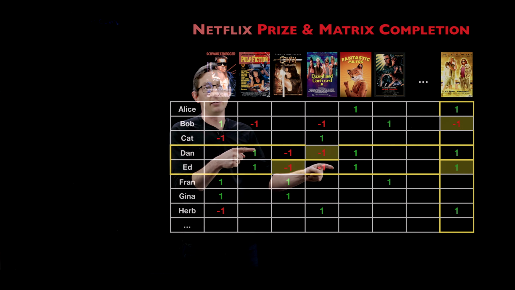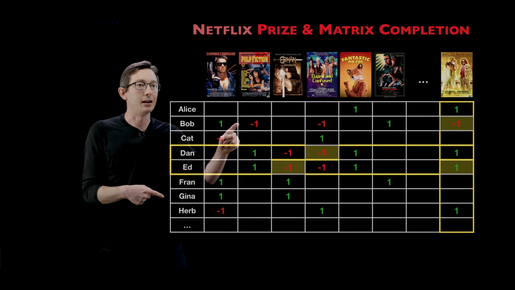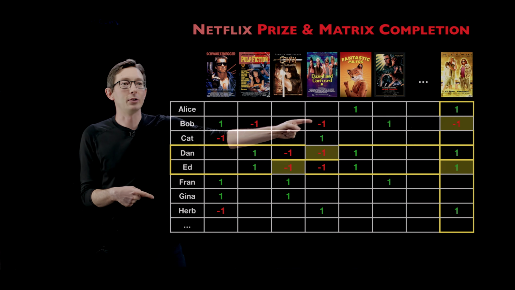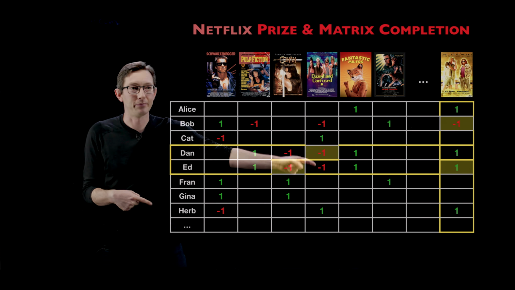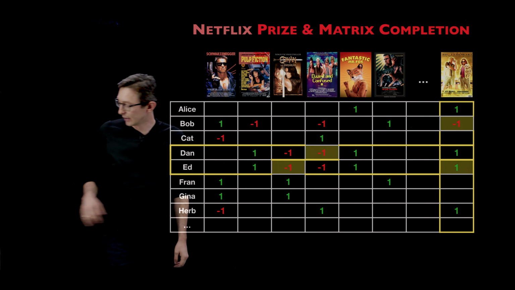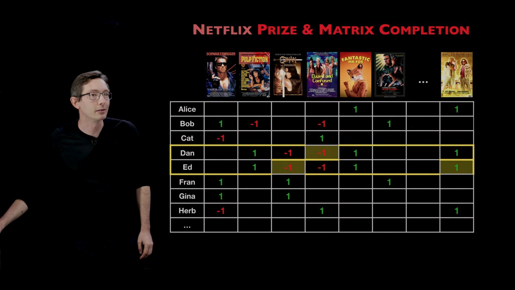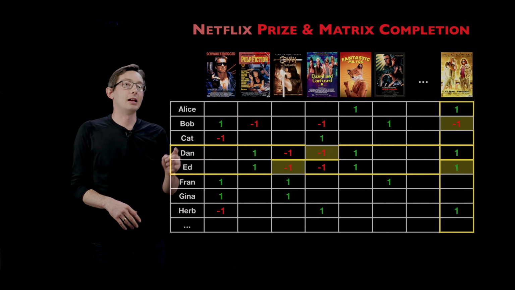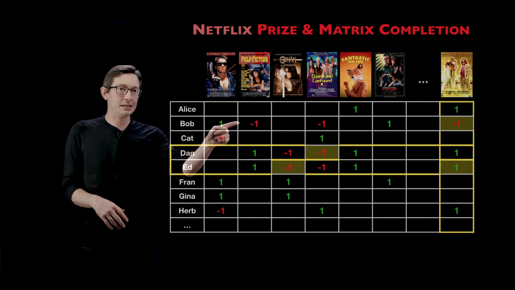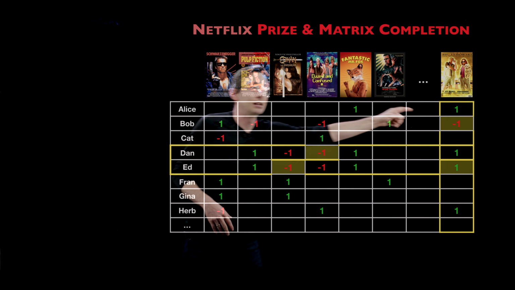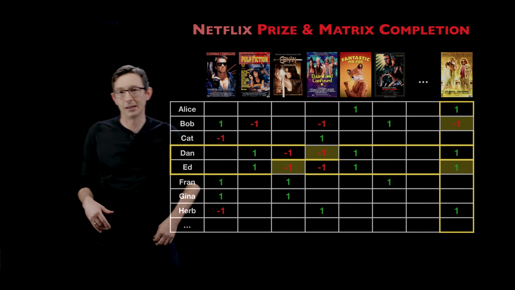For example, if someone like Bob agrees on this movie, I'm already losing what I filled in. Yeah, so if Bob disagrees with Pulp Fiction, maybe he's going to disagree with the Big Lebowski, okay?